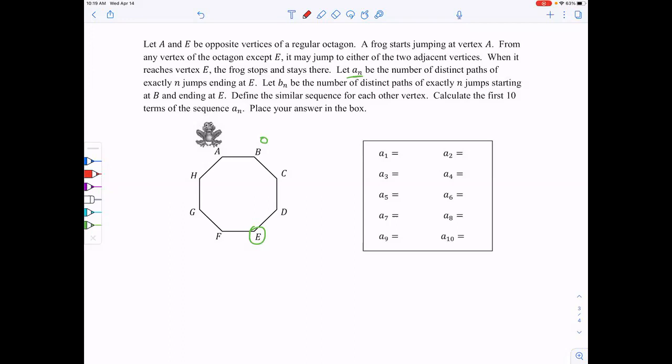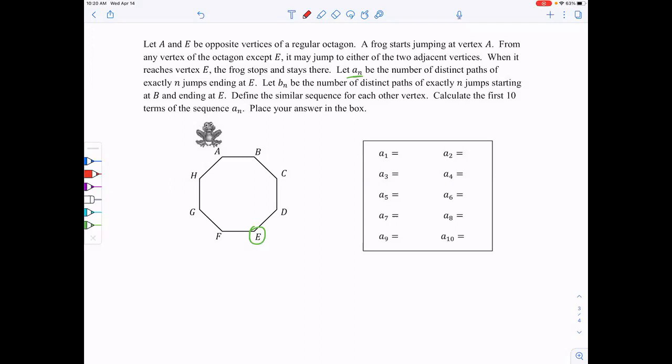So if we just suppose that the frog is at vertex B, we'll think about the same situation. So the same idea where the frog can bounce around on these vertices however they like, but once they get to E, they stop. And same thing for every other vertex. We'll define a sequence by its letter. So D sub n, same thing. It wants us to calculate the first 10 terms of the sequence A sub n. And in order to do that, I don't want to count this step by step, have to sort of brutally go through all this counting process.